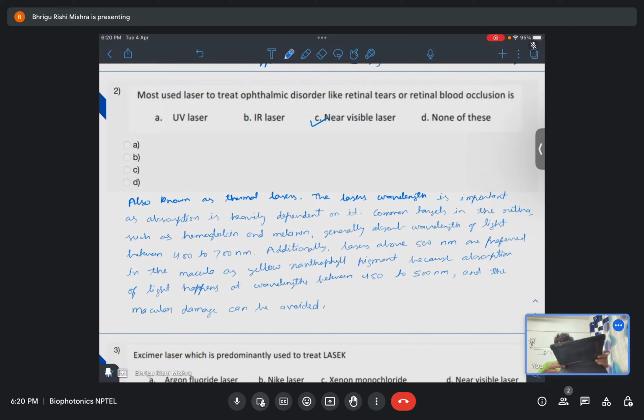Okay, so that is why near visible laser is used.